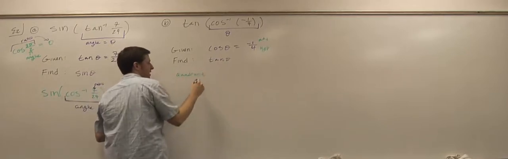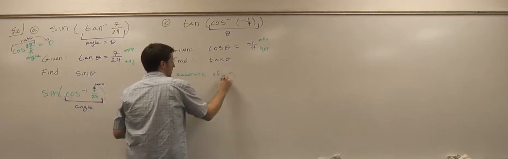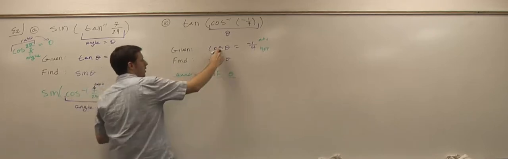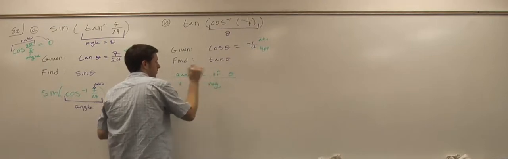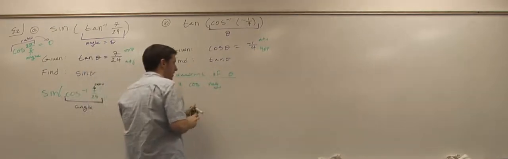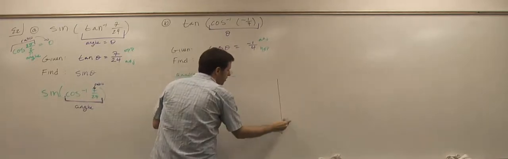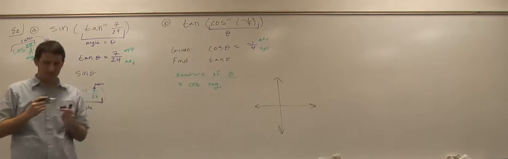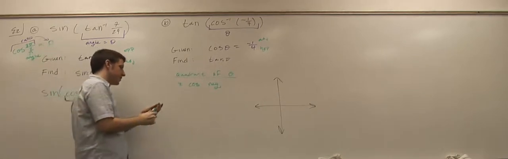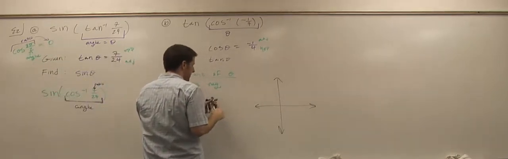There's two things. First, cosine is negative. Which quadrants is cosine negative? 2 and 3. Cosine is the x value on your unit circle, so you can go wherever x is negative.